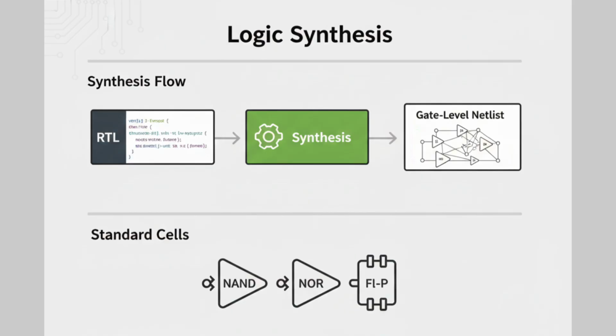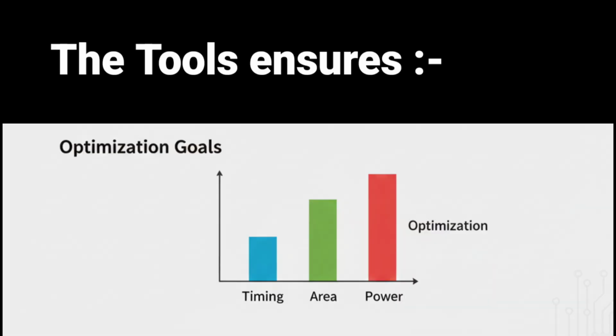Now the sixth one is logic synthesis. Once the RTL is verified, it's time to convert it into real hardware. The synthesis tool converts RTL into a gate level netlist using standard cells like AND or XOR, flip-flops, latches, buffers. The tool ensures timing meets constraints, power is optimized, area is minimized.